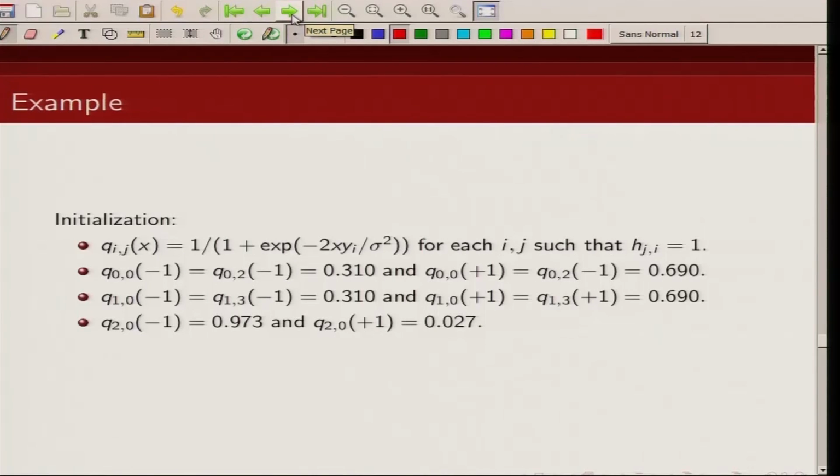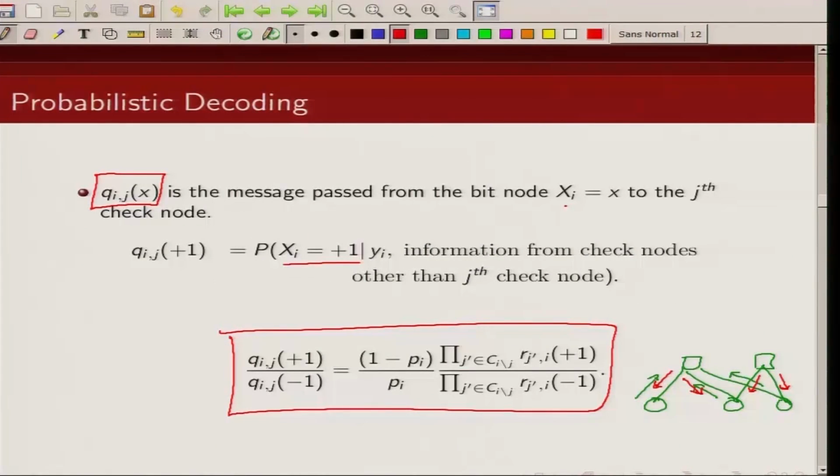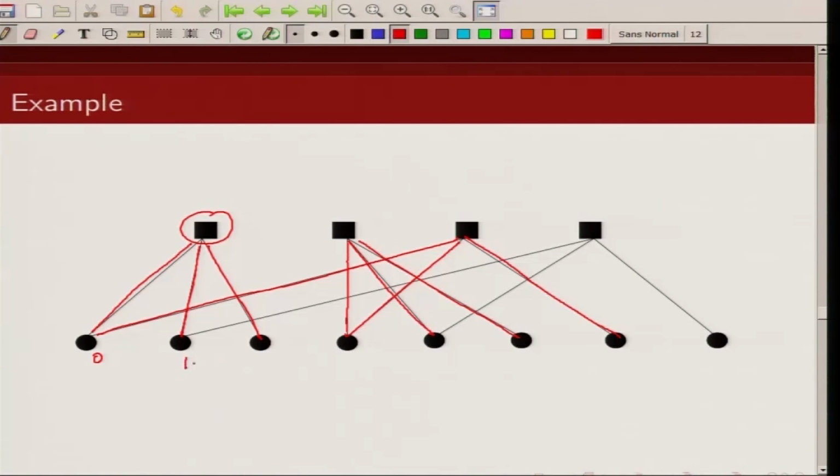Now, again, pay a little attention to what the Qi's are. Qij is the message passed from the ith bit to the jth parity check constraint. So, if you label your bit nodes 0, 1, 2, 3, 4, and similarly label the parity check constraints: the bit nodes are 0 through 7, and the parity checks are 0, 1, 2, 3.